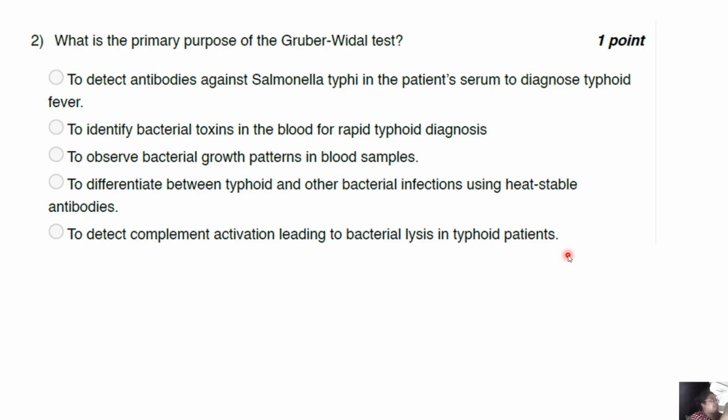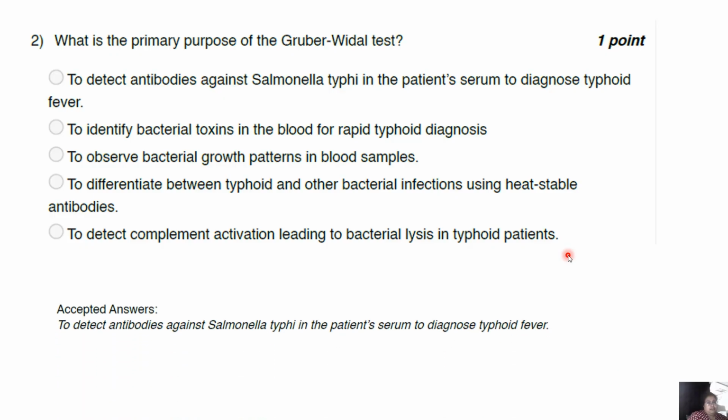Okay, so the correct answer will be option A, which is to detect antibodies against Salmonella typhi in the patient's serum to diagnose typhoid fever. Why the Gruber-Widal test?